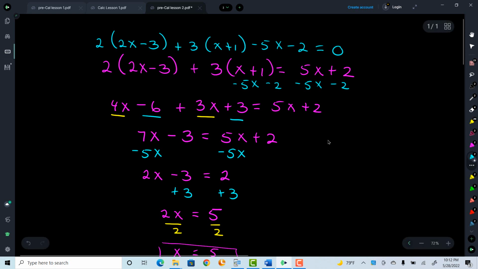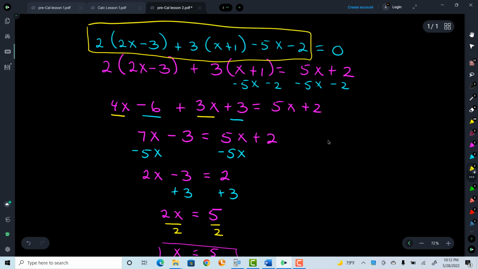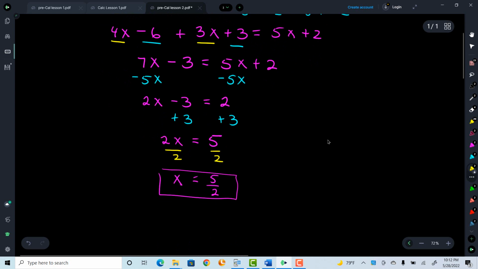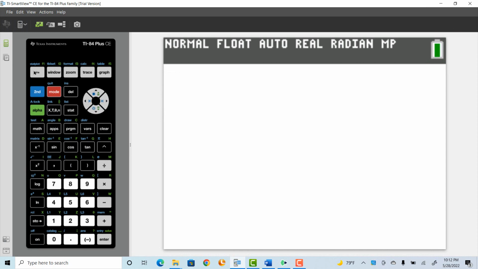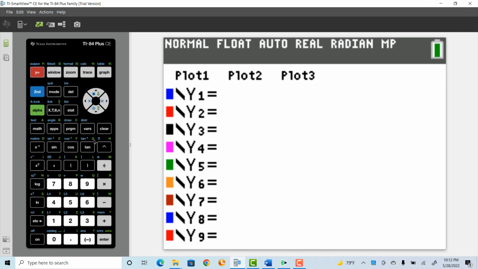So I'm looking to find where this whole thing is actually equal to 0. And according to the work I just did, that's at 5/2 or 2.5. How could I check that on my calculator? Well, there's two ways. First off, I'm going to put the entire thing in y equals.